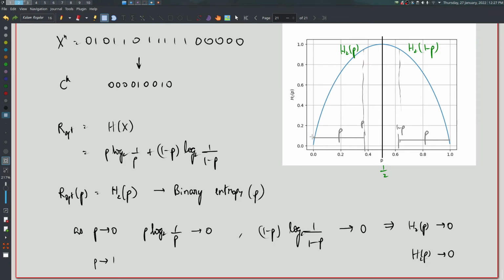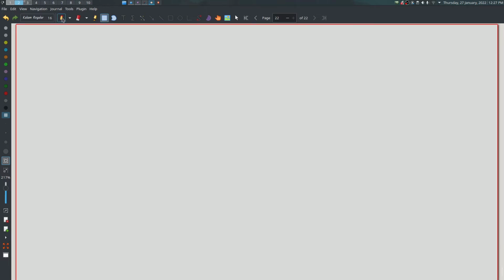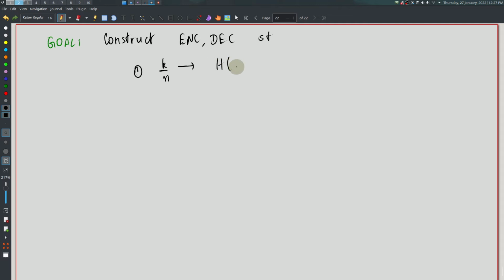All right. Okay. So now, what is our goal? The goal is to construct these encoders and decoders such that, well, k over n tends to something close to the entropy as n tends to infinity.